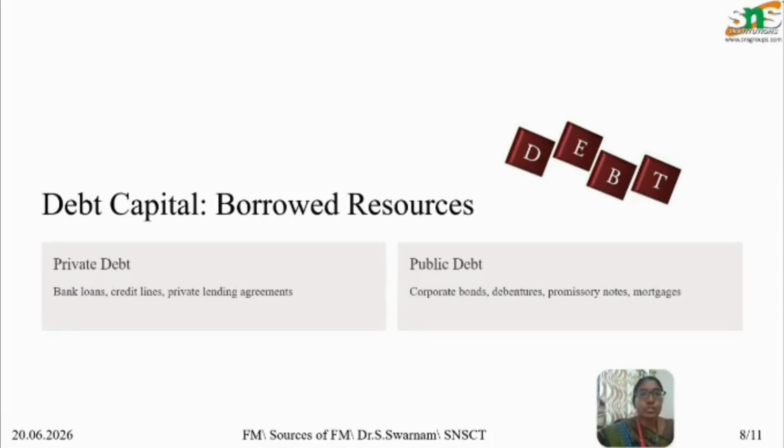The second option the company has is debt capital. Debt means borrowed money. Whenever the company borrows money, the risk will increase. The company might borrow private debt, or public debt. When borrowing from outsiders, the company has to repay the debt, and until repayment it has to pay interest on the money borrowed.